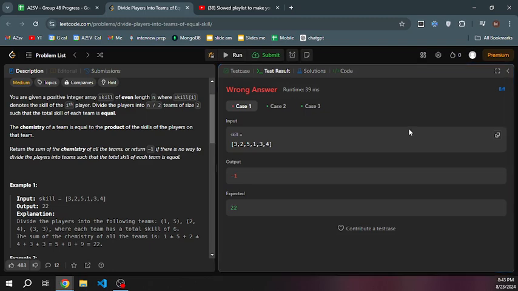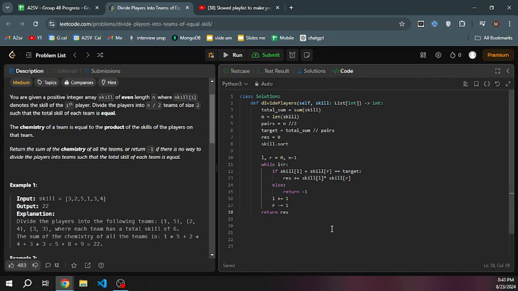Wrong answer. What happened? Right is going to be decremented. Right is going to increment the multiplication of this thing, if target equals skills of L plus R. Did I miss something?